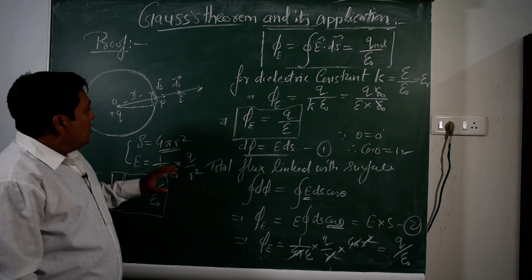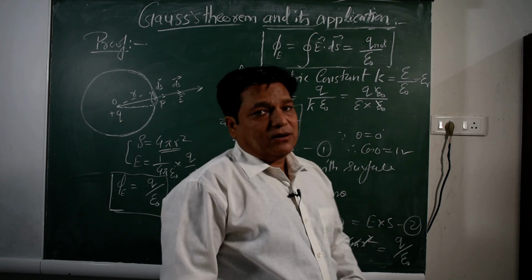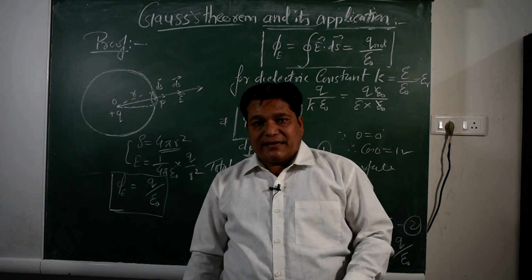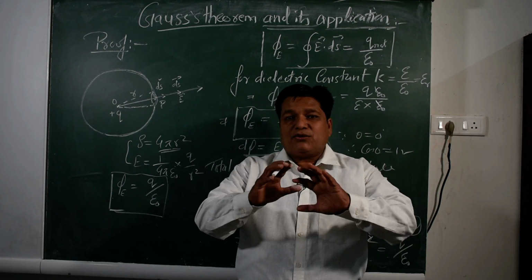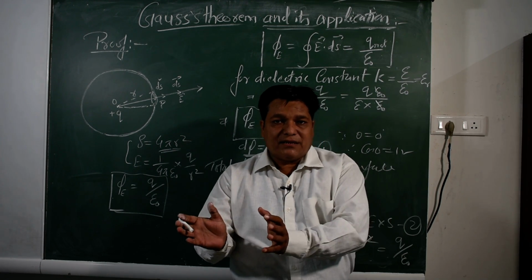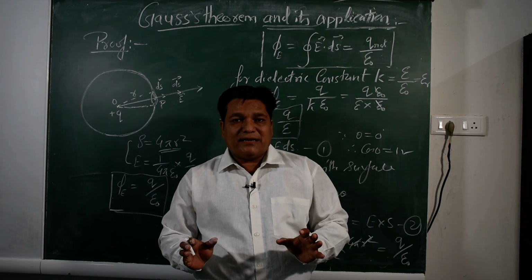Then, what do we understand by the Gaussian surface? In order to prove this, a Gaussian surface is a surface in which the charge distribution is enclosed, whether the charge distribution is a point charge, linear charge density, surface charge density, or volume charge density.